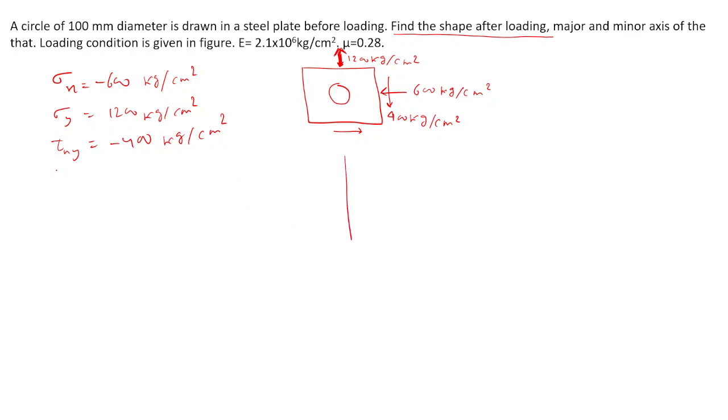One is the value of sigma 1 and sigma 2, and second, the angles theta p1 and theta p2. Calculate that and let me know.